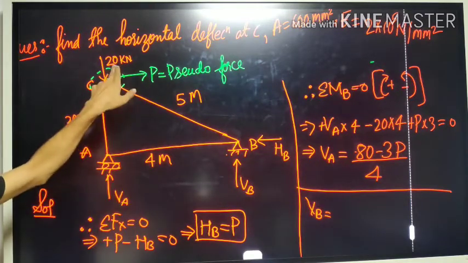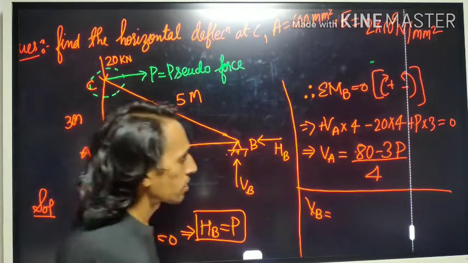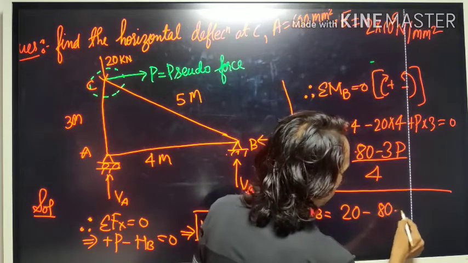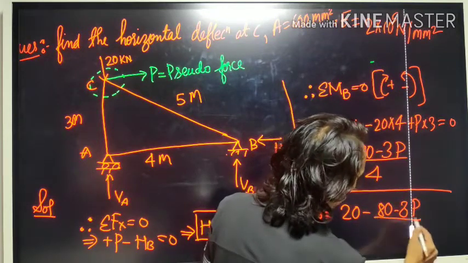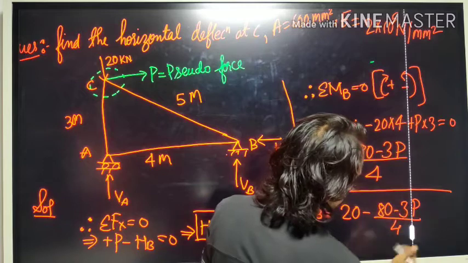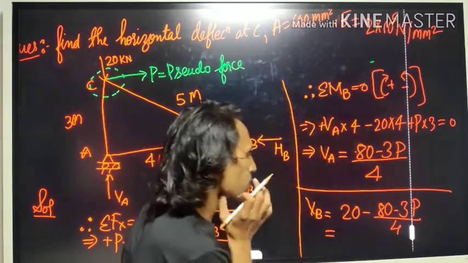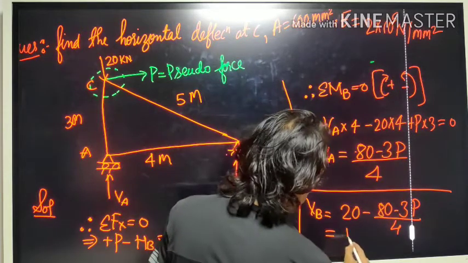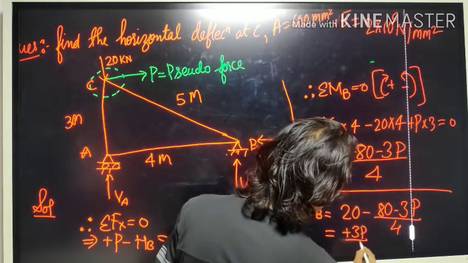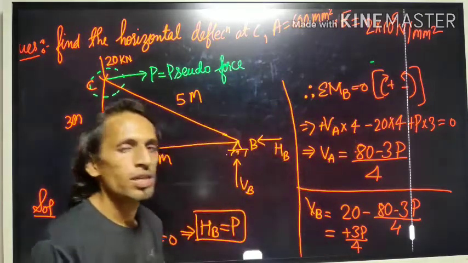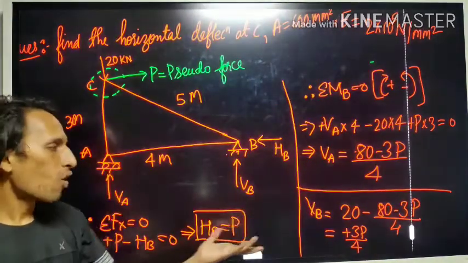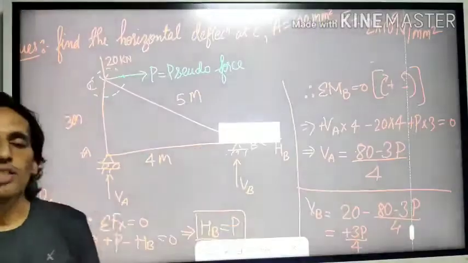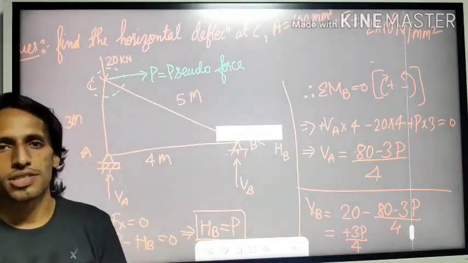What is the total vertical force? That is 20. So 20 minus (80 minus 3P) divided by 4. So what will be the value? 80 minus 80, that will be positive 3P divided by 4. So now you have calculated all the values of reaction for a truss system.